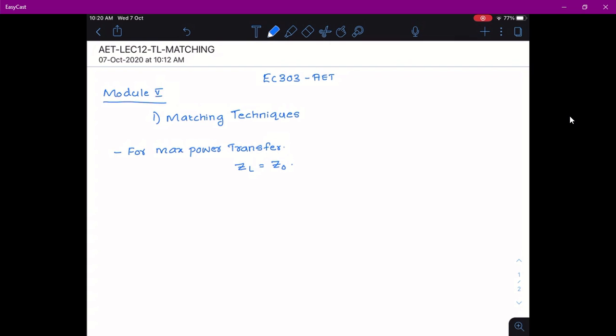So we need to develop some methods through which we will be able to achieve this, and these are called matching techniques. The first matching technique is called the quarter wave transformer. Okay, so this is the first matching technique that we are going to see.